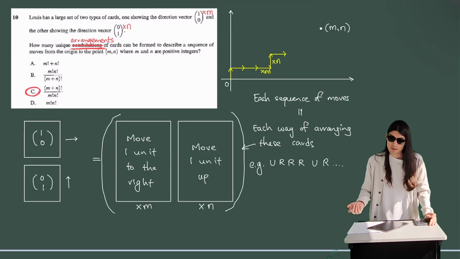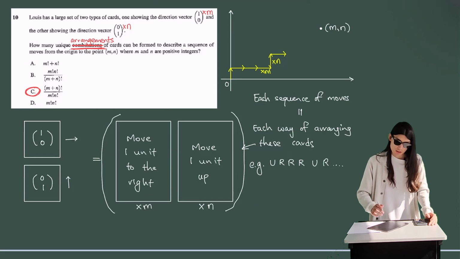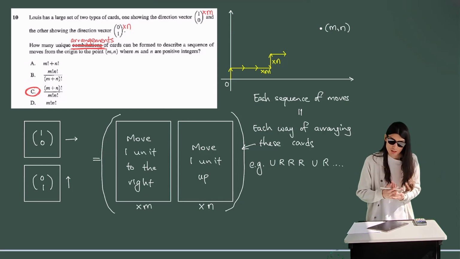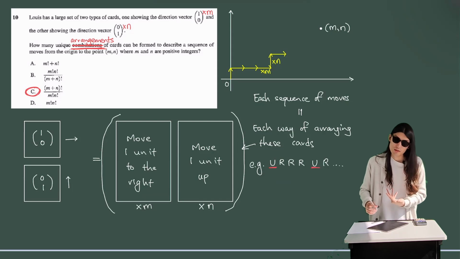Now, why then is the number of ways of arranging these cards equal to C over here? Because look at what you have: you have U, and you've got n of those.